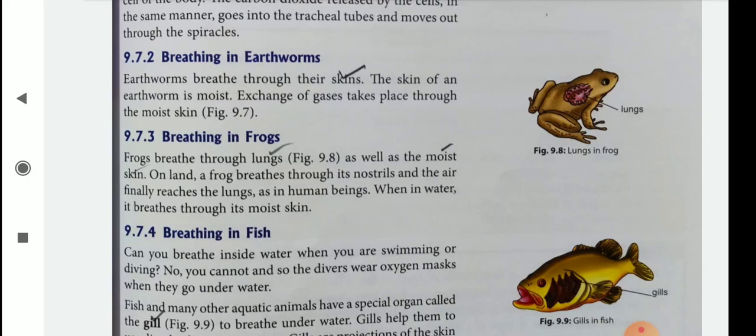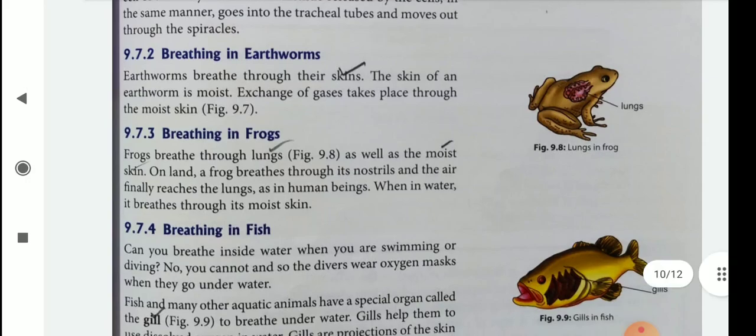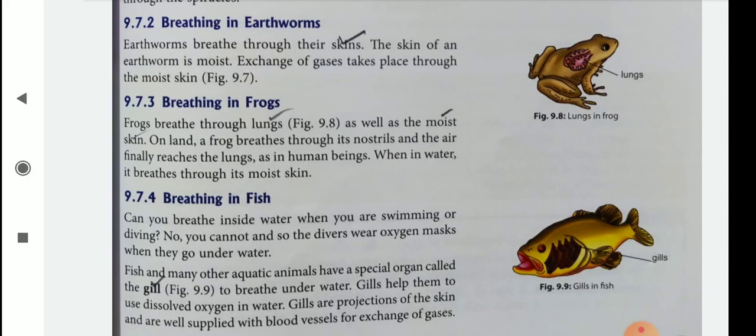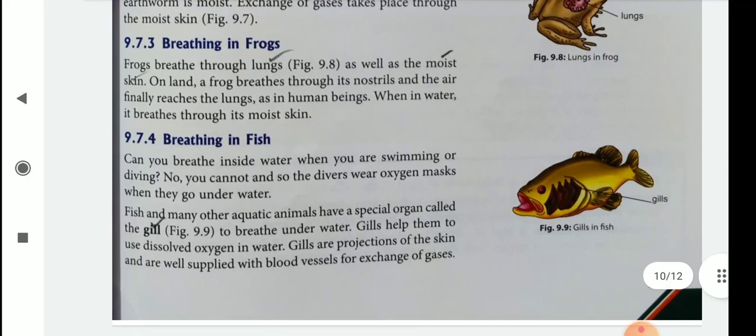Then breathing in fish. Children, all of you know, through gills a fish can breathe. Fish and many other aquatic animals have a special organ called the gill to breathe underwater. Gills help them to use dissolved oxygen in water.